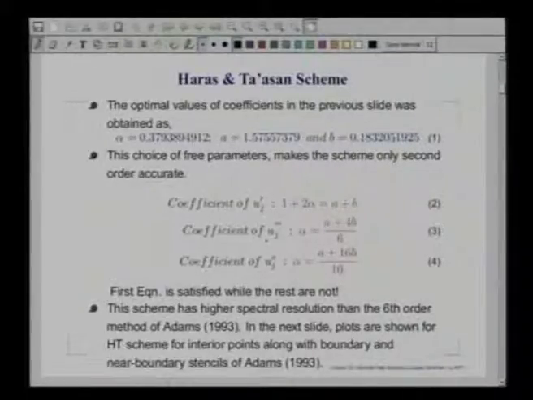But what Haras and Tassan did was simply satisfy equation 2 and give up on 3 and 4. So, you have formally a second order accurate scheme. However, even though it is a second order accurate scheme, as we will see shortly, this choice of values of alpha, a and b provides extraordinary accuracy for a periodic problem.